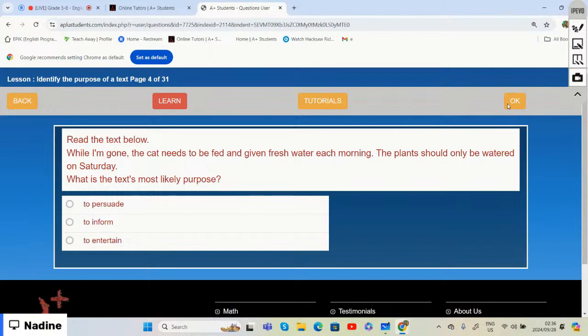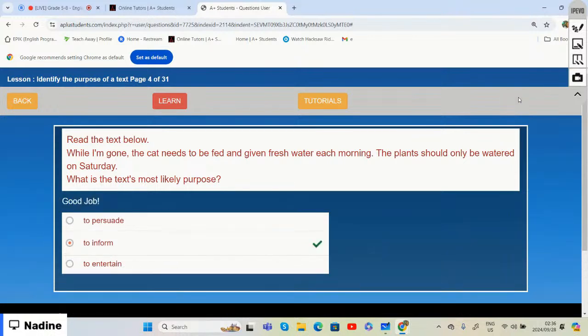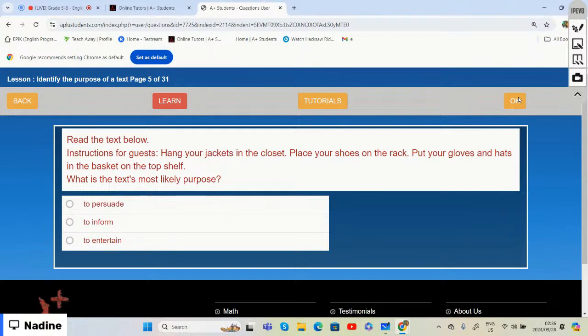So here they're saying, while I'm gone, the cat needs to be fed. Is that to persuade, to perform, to inform, or to entertain? Yes, option two is correct, because now they're telling you you must do this, that, and the other. They are informing you that you need to do something. So well done.